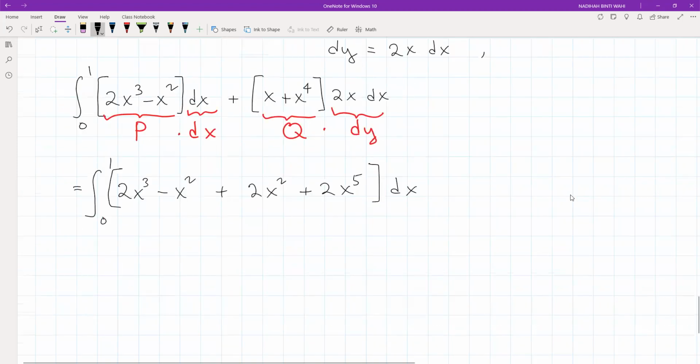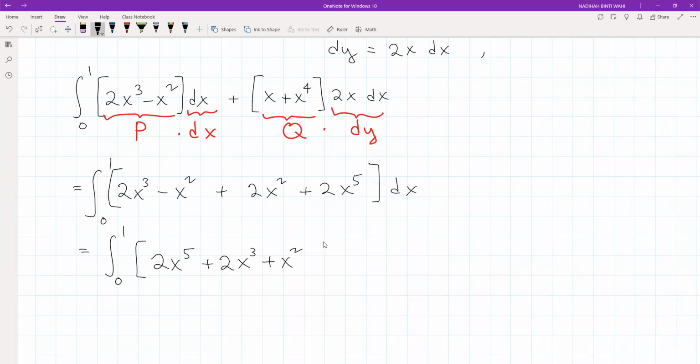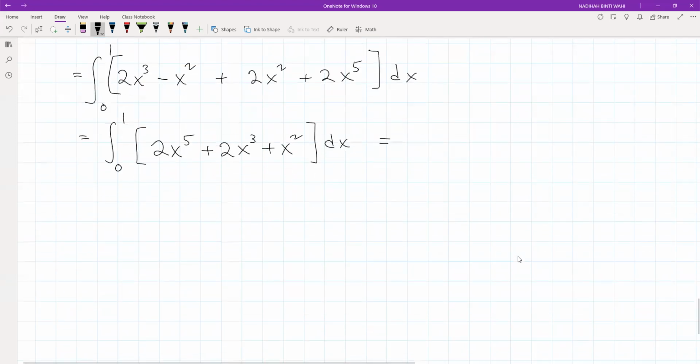So just multiply the coefficients and we end up with the integral from 0 to 1 of 2x to the power of 5 plus 2x to the power of 3 plus x squared dx. Then you solve this. Try to evaluate that on your own. I don't have the time to finish this.